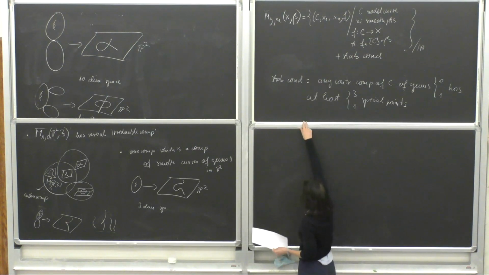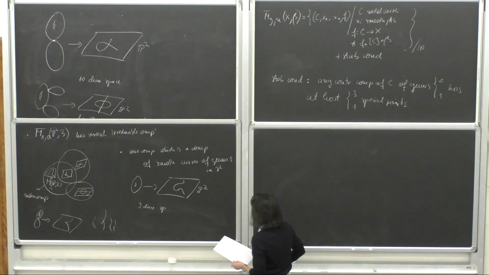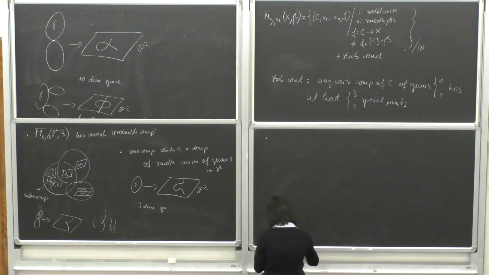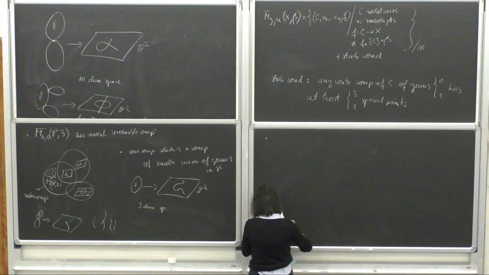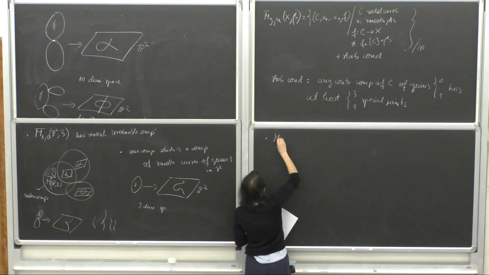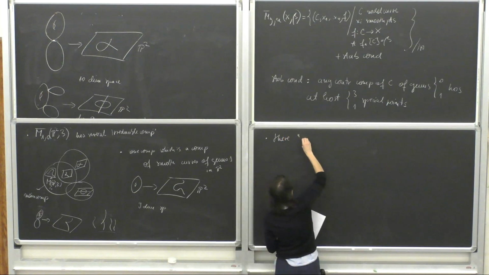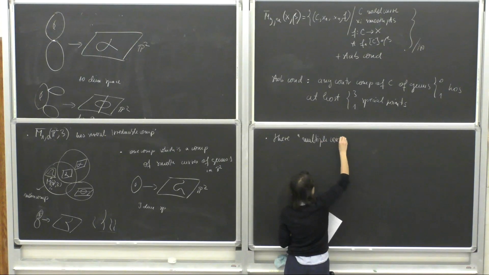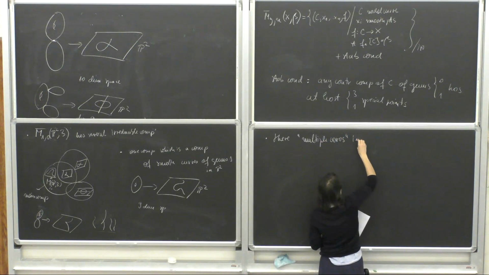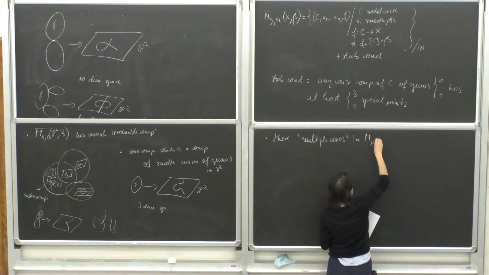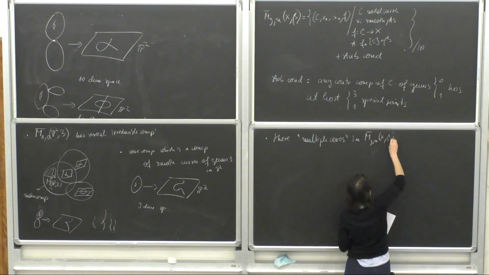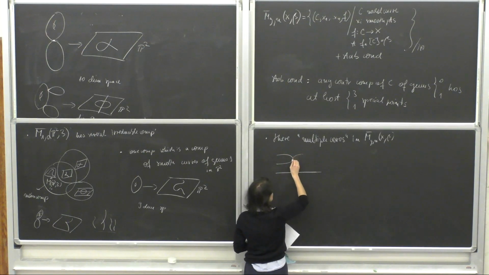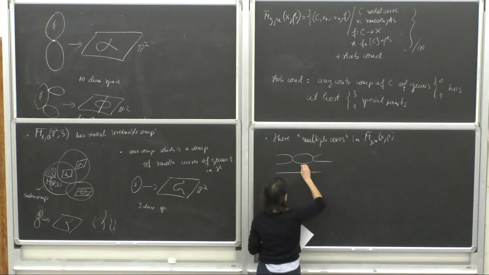And some other thing which is not exactly what I want, but it may happen. There are what is called multiple covers. So for instance, I'll draw the simplest curve which I know how to draw.